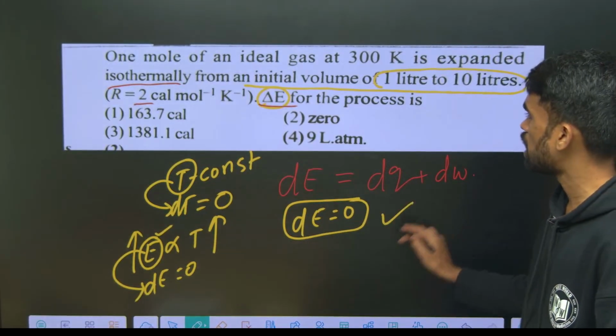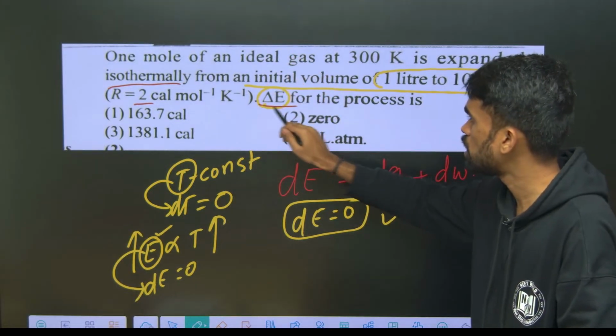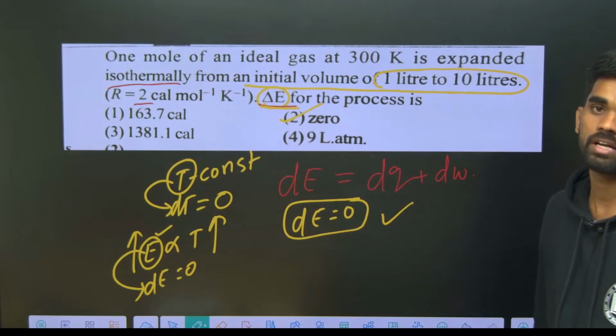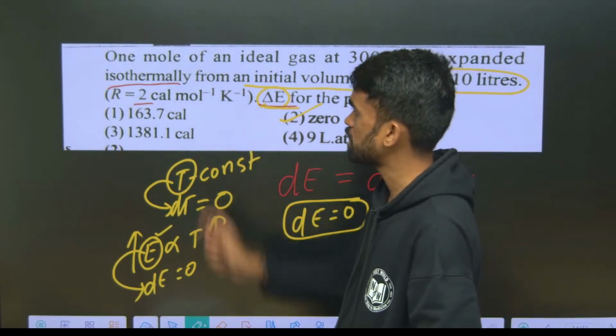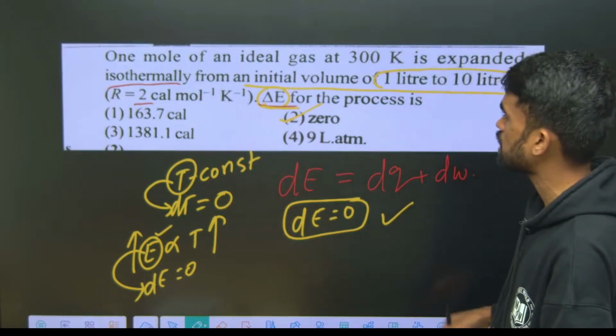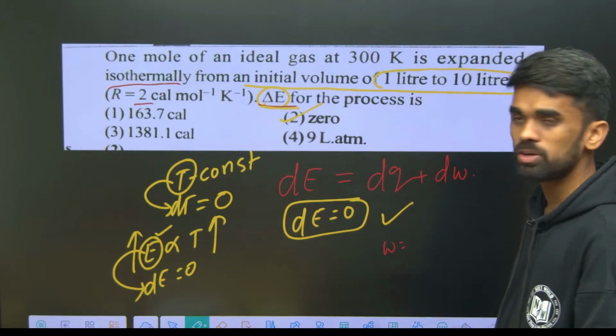So this should be your answer. No calculation, nothing. Just look at the question properly and what they are asking, and you can take this as your answer. Now one more thing here, if the same question is given and they ask for work done, what are you going to do? I already gave this model question. So W equals how much?